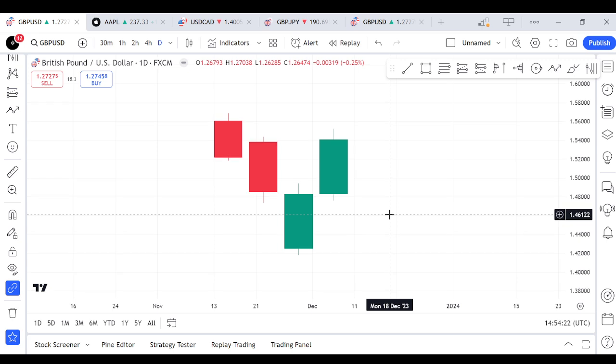So let's start with understanding the pattern recognition. The bullish meeting lines pattern forms during a clear downtrend and consists of two distinct candlesticks that signal a potential reversal.